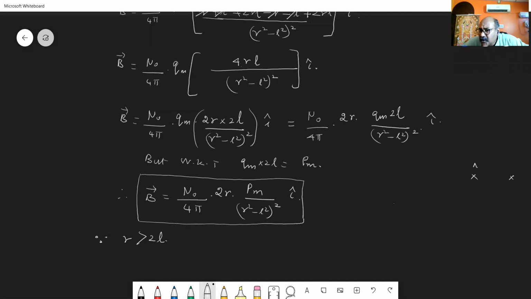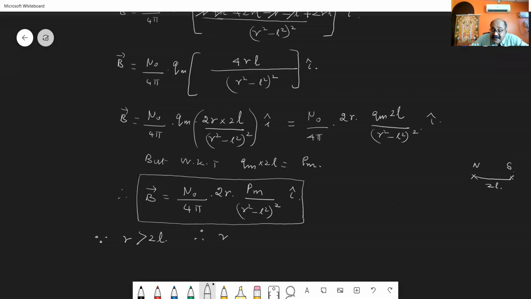Having two poles, north pole and south pole, of equal magnitude, separated by a small distance. So 2L itself is taken to be small. So when I take the distance R from the center point O to the point C, that R distance is taken to be large compared with 2L.